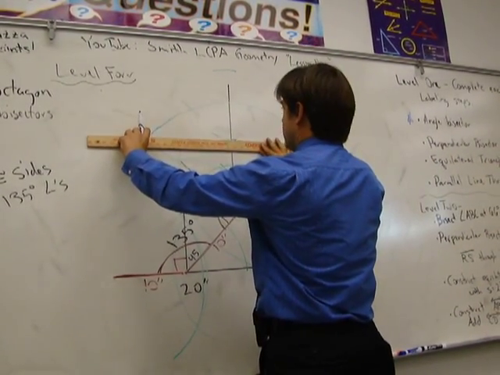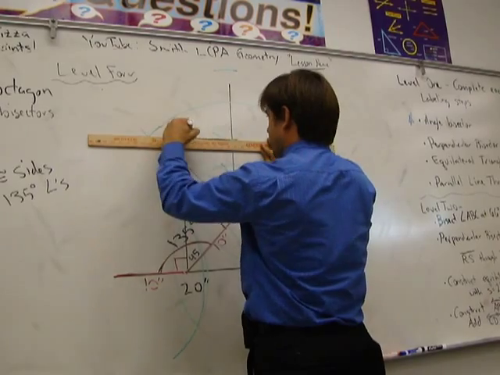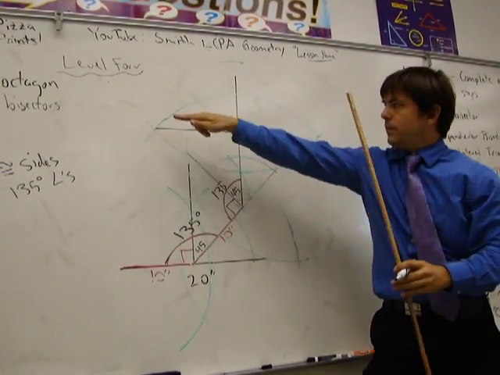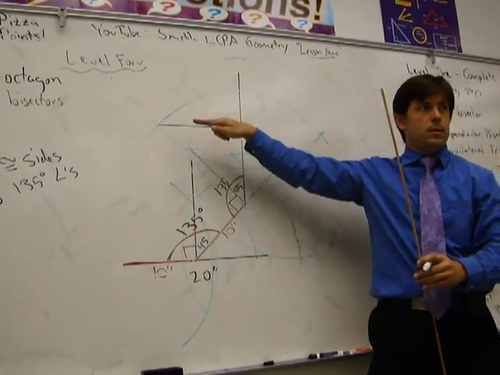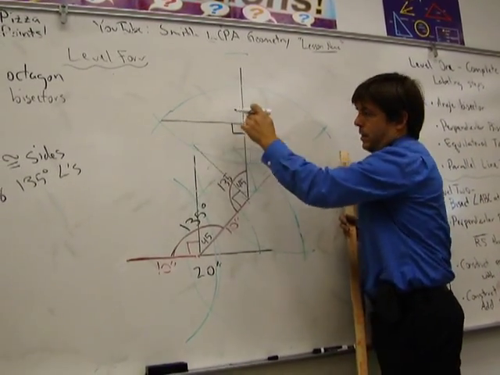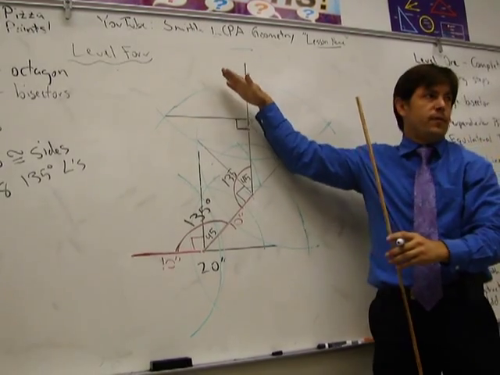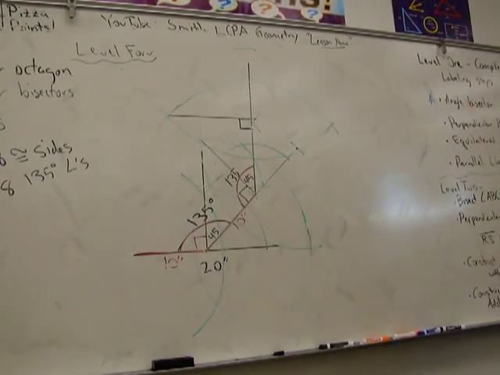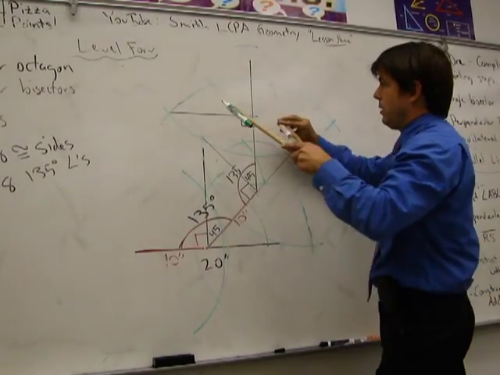So when I do this, it's getting kind of repetitive. What is the measure of this angle right here? 90. And this one here? 90. So if I bisect this angle, that would be 45, right? Yes. Okay. So I construct another angle bisector.